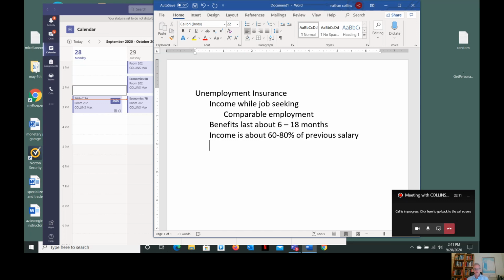To get unemployment insurance, it's the same old story. You have to have been working for a while and been paying taxes. Additionally, you have to have lost your job for legitimate reasons. If you're really irresponsible, if you just don't show up to work, or you're drunk all the time, and you get fired, or you've been caught stealing from your employer and you get fired, you're not eligible for unemployment insurance.